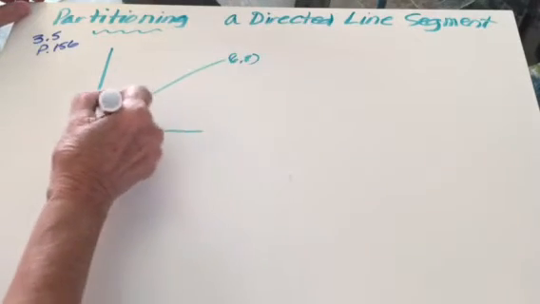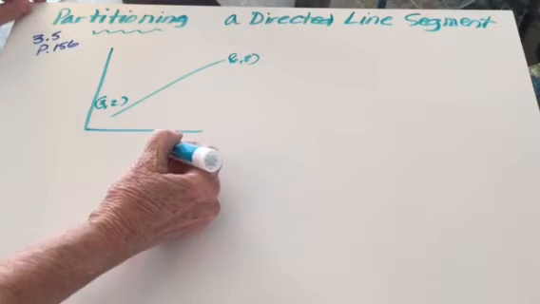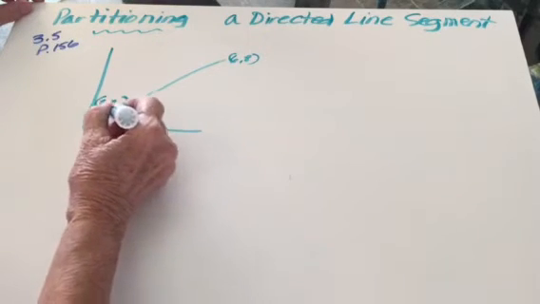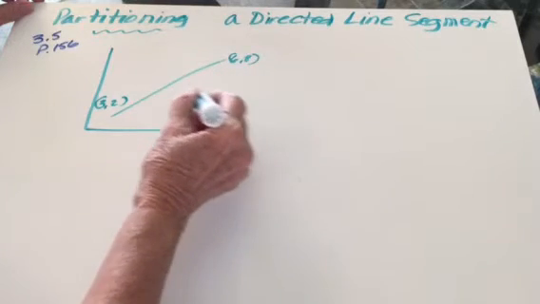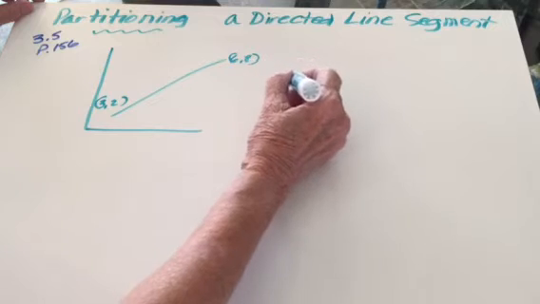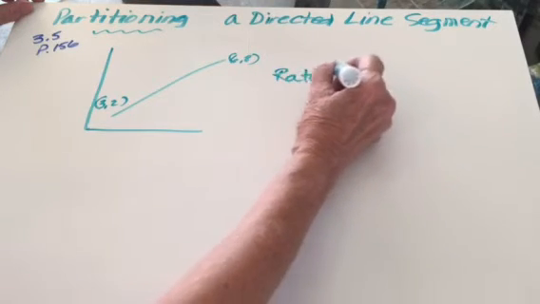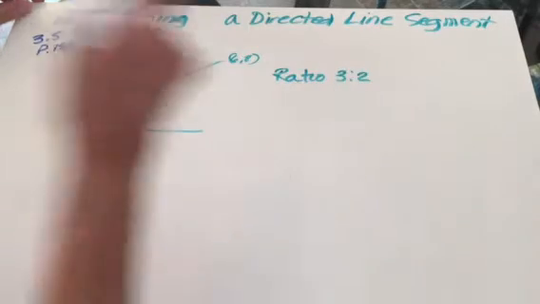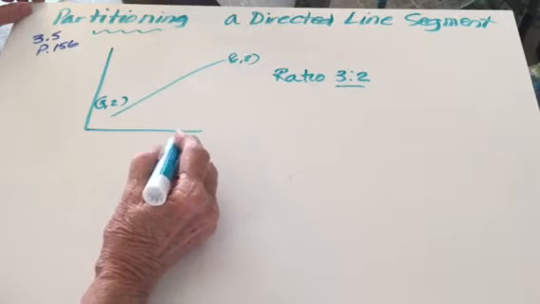They want us to divide this line in such a way that there's 3 sections on the bottom and 2 sections on the top. We call that the ratio, 3 to 2.